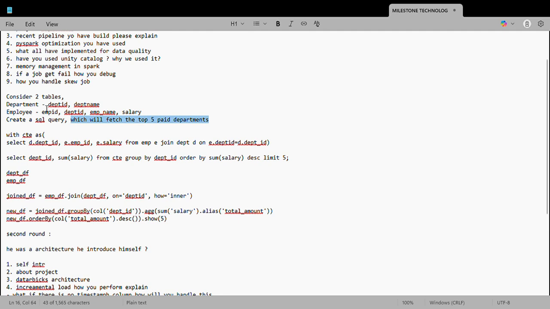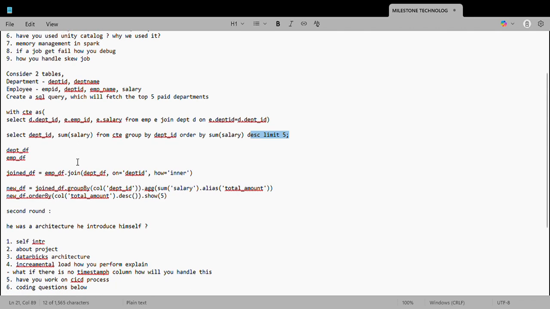We just need to join these two tables, then we can use top 5 based on the department ID. So I joined the two tables based on the department ID, then grouped by department ID, created the top 5 and ordered by salary.